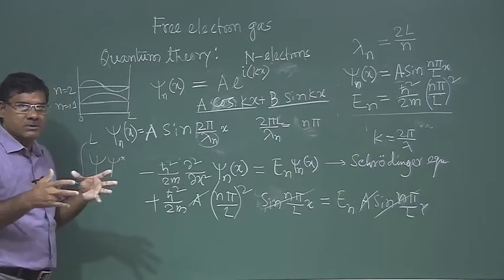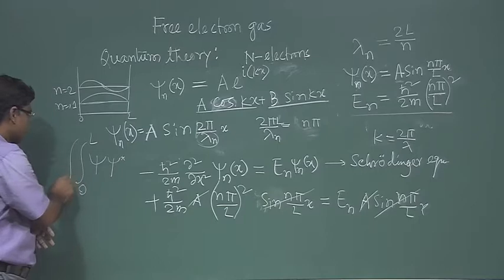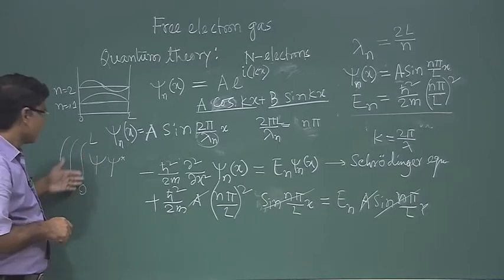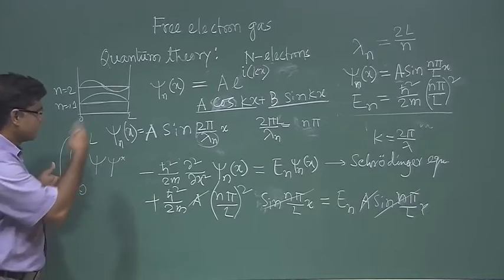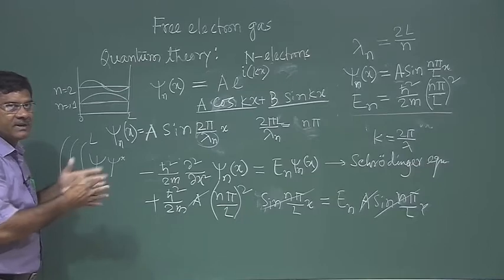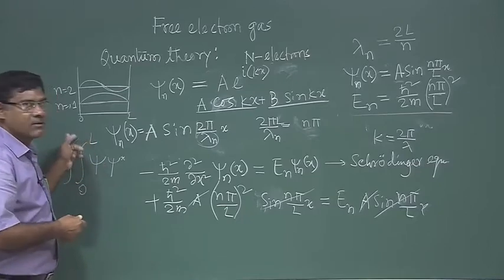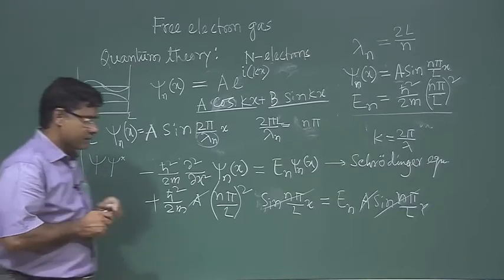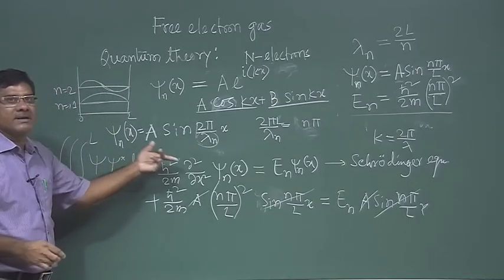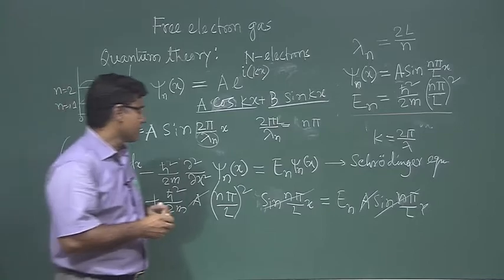If it is a 3 dimensional box, one has to take 3 dimensions, 0 to L, 0 to L, or if it is rectangular, then Lx, Ly, Lz. So, here it is dx, then dy, dz in case of 3 dimensions.